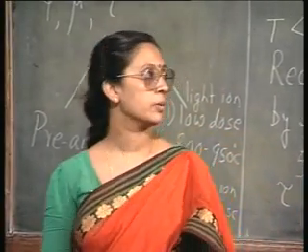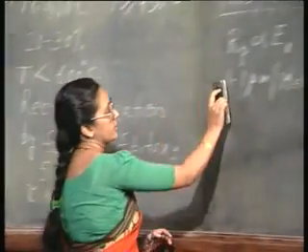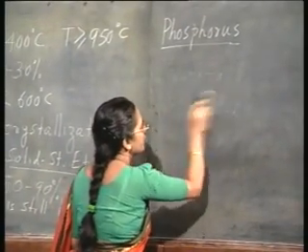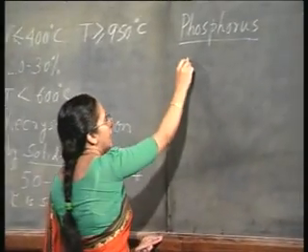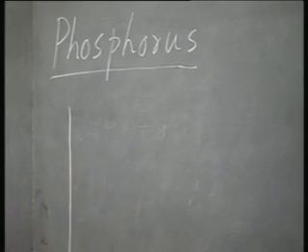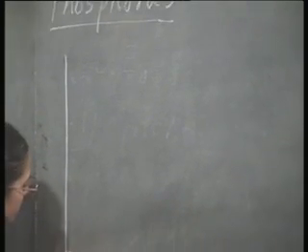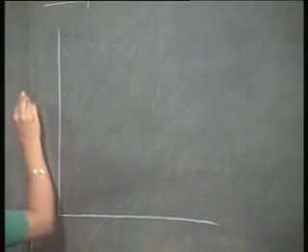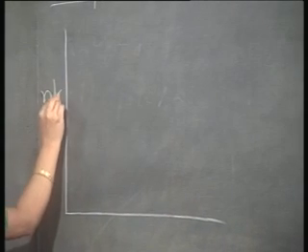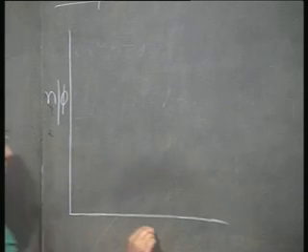Now, let us talk about the annealing of phosphorus. Let me plot the relative active carrier concentration, that is N by phi, versus the annealing temperature.